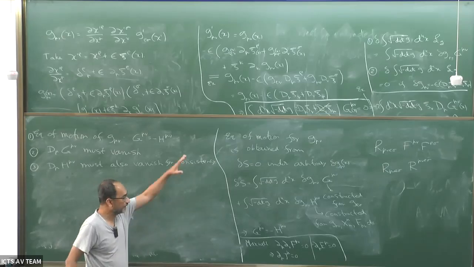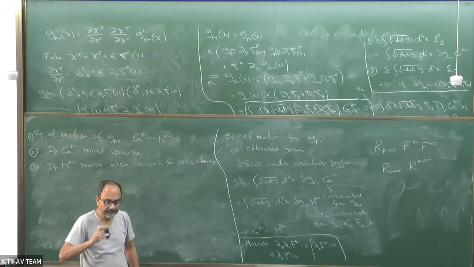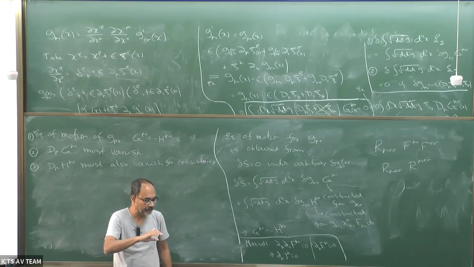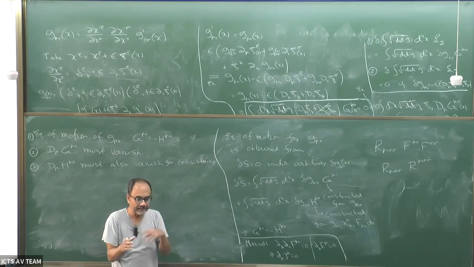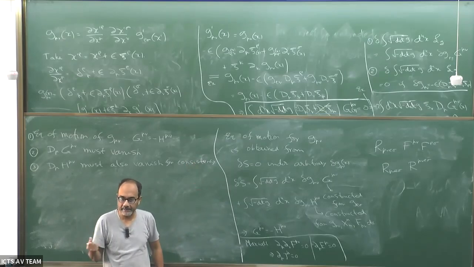But the general logic that I gave follows from this observation: in general, the variation of the second term is zero under arbitrary variation of things if the equations of motion are satisfied, because that's the meaning of equation of motion. All first variations should be zero.